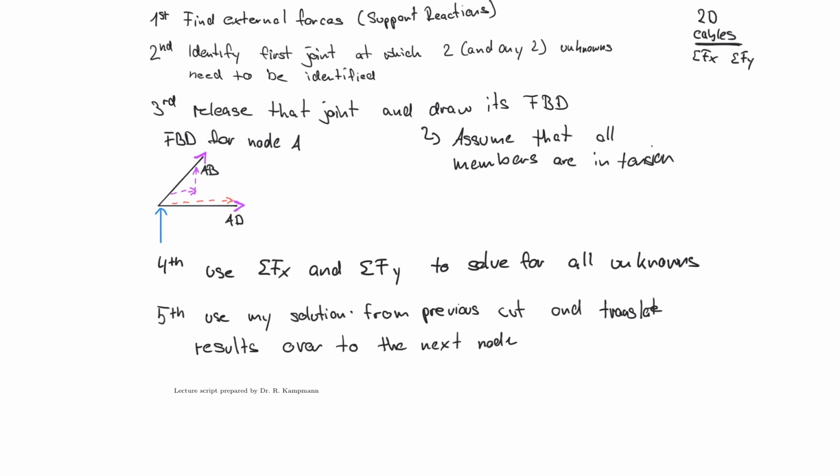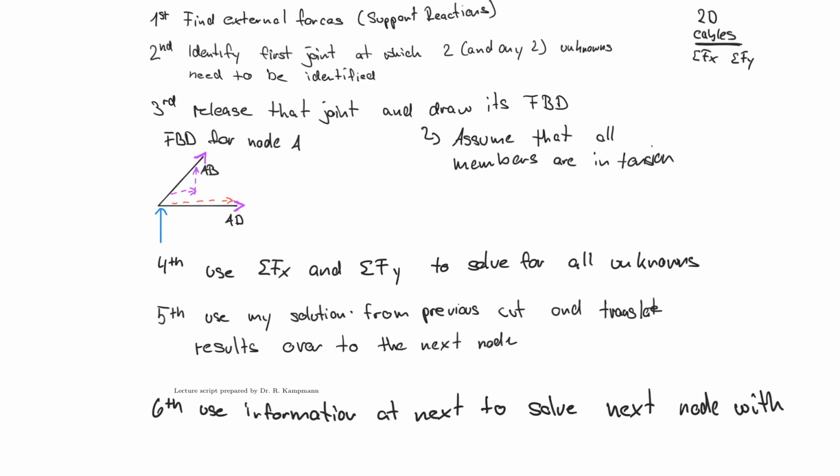And then last but not least, the sixth step is use information at next node to solve next node with 2 unknowns at maximum.